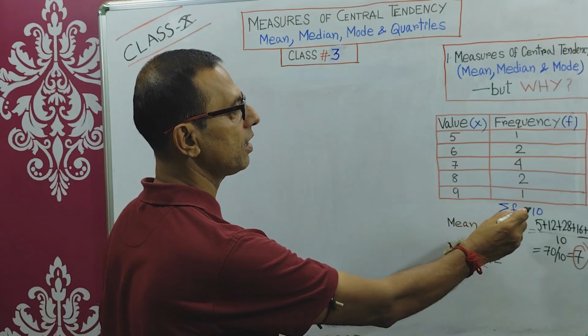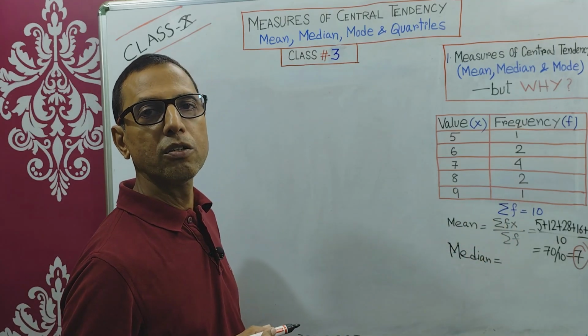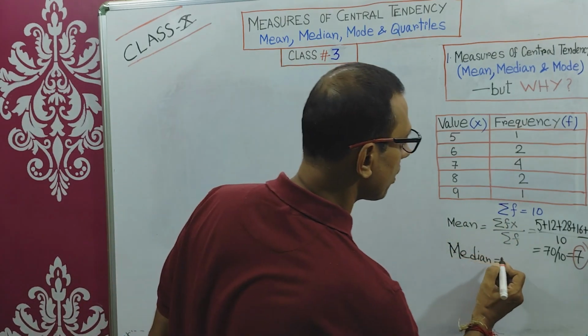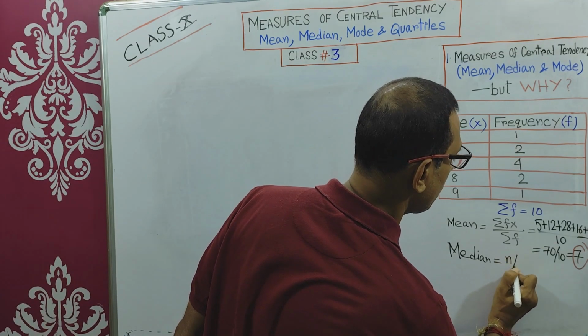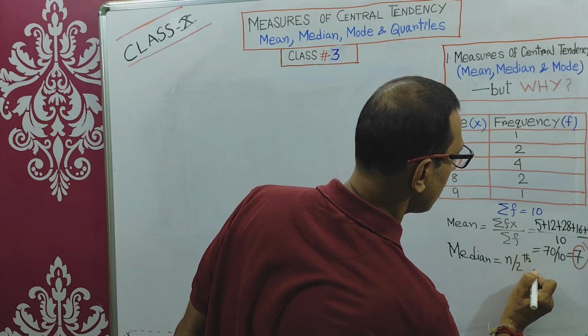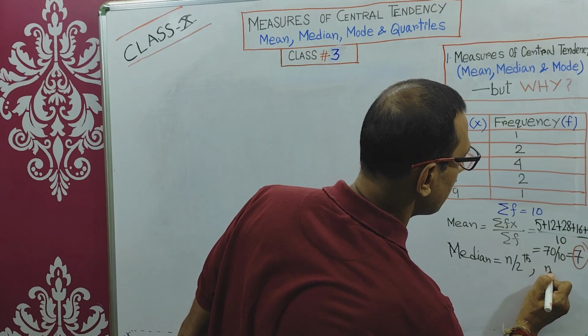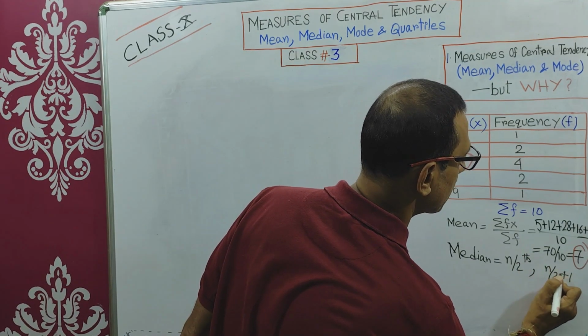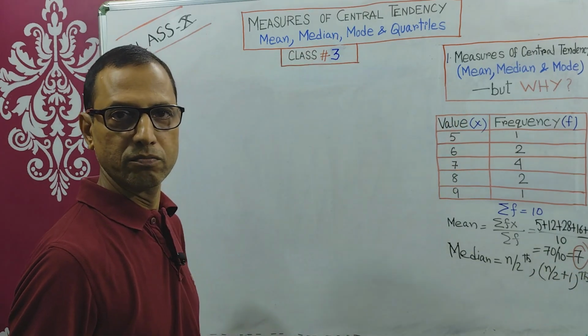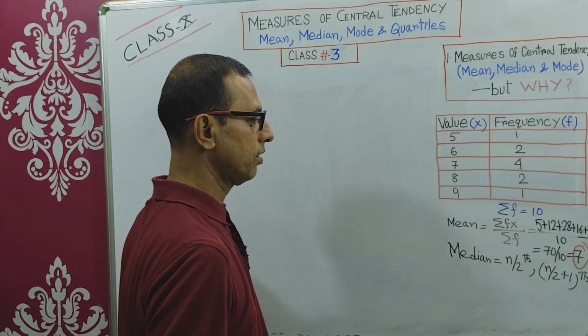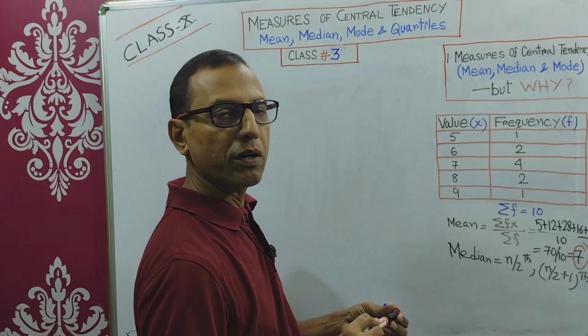If the number of observations is even, then there will be two median positions. One is the n by 2 th position, and another one is the n by 2 plus 1 th position. All these things I have already explained, right?